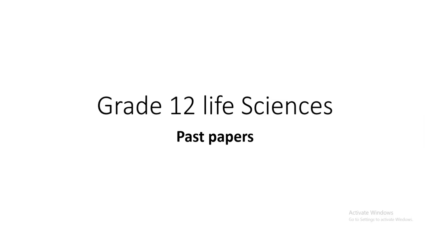As I promised last time, I'm going to try some questions from past papers. In case some of you are surprised why I'm only doing these certain sections, I'll advise that you go through the playlist which is under genetics.